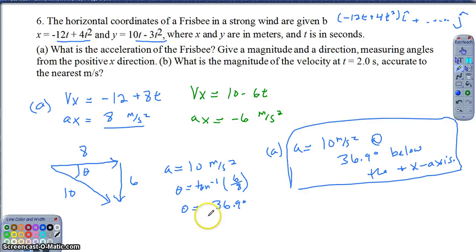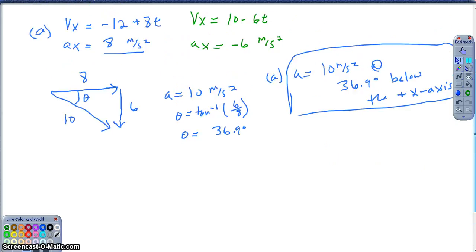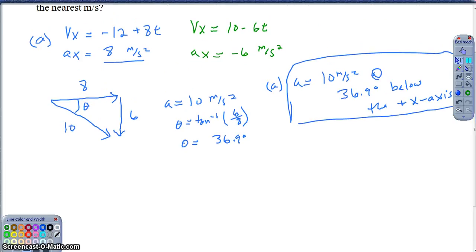And then for part B, they asked me to find the magnitude of the velocity at 2 seconds, and to do so accurate to the nearest meter per second, which many of you will notice rounds the answer off pretty significantly. But the good news about part B is you've already set it up by finding your velocity functions.